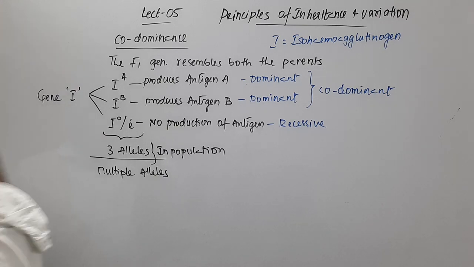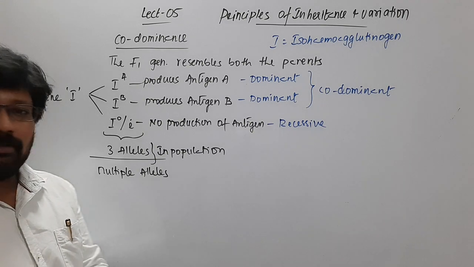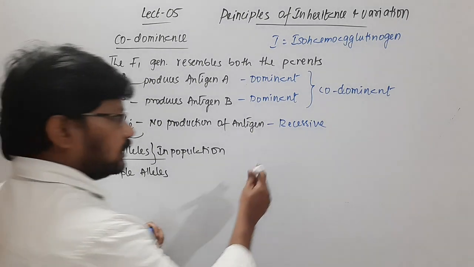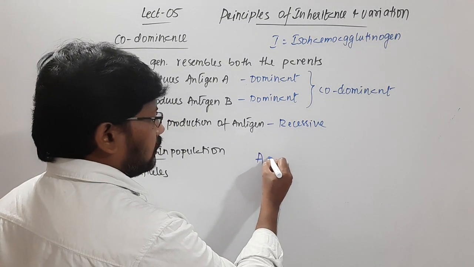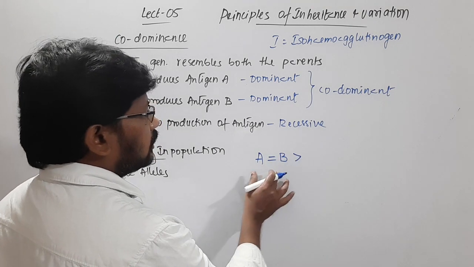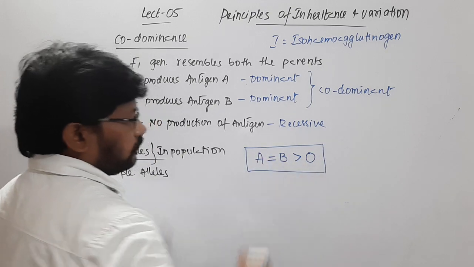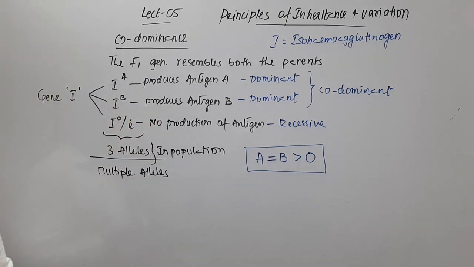A and B are dominant, so when they are present together, both will get expressed. So A is co-dominant to B, and these two are dominant over the O blood group.